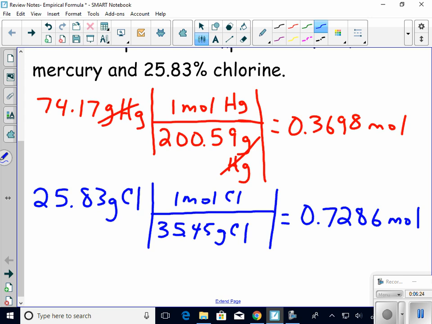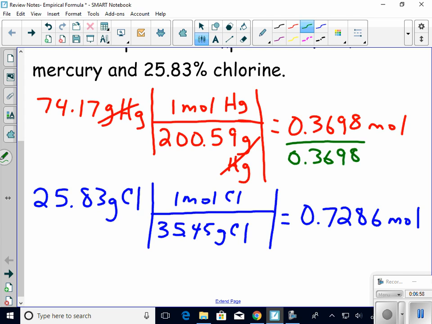Here is the new part. Which of those values, this is a toughie, which of those values is the smaller one? Good. 0.3698. So what I'm going to do is divide both of these by 0.3698.